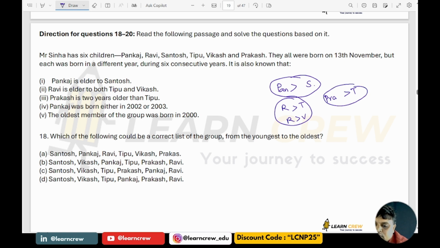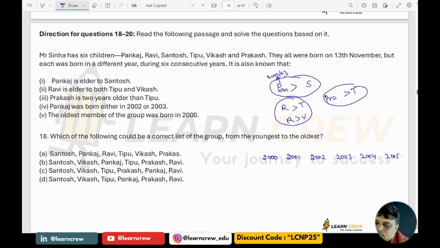Pankaj was born either in 2002 or in 2003. The oldest member of the group was born in 2000. So consecutive years they were born, all 6 members: 2000, 2001, 2002, 2003, 2004 and 2005.